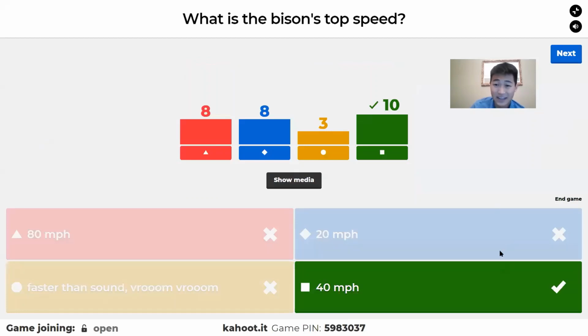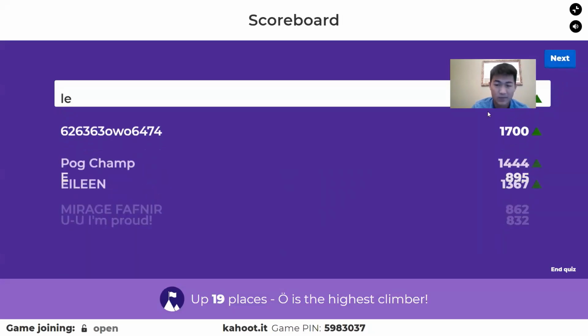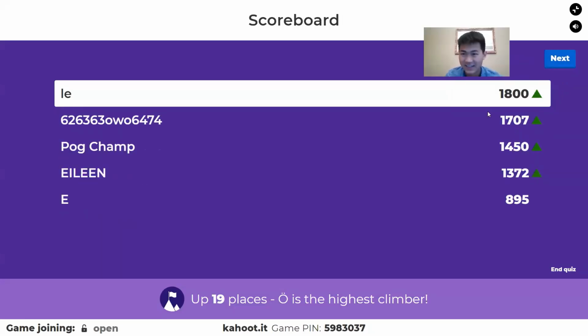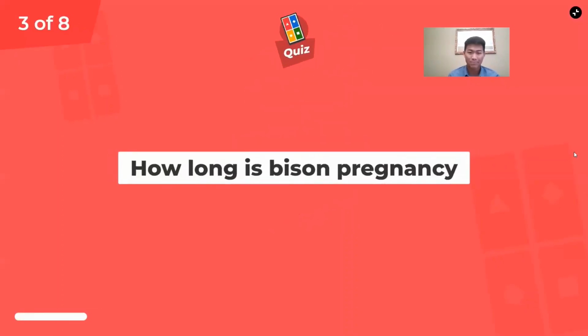So bison can actually go pretty fast, even though they can weigh up to 2,800 pounds. They can still run almost 40 miles per hour, which is like a car, right? So it's pretty insane. Okay, Lei, I see you, Lei.